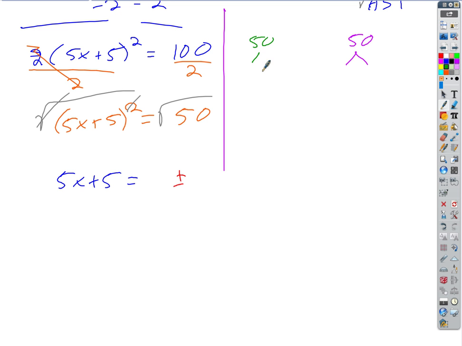We can do 50, we could do 5 and 10. 5's prime, then what do we do with the 10? Okay, that works. Then we end up getting a couple of 5s and a single 2.